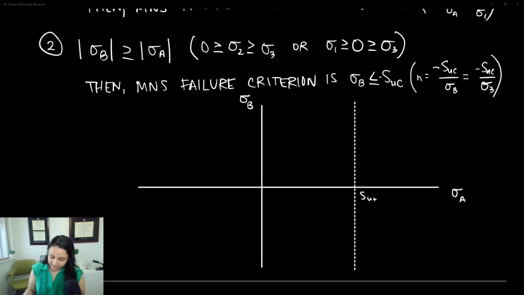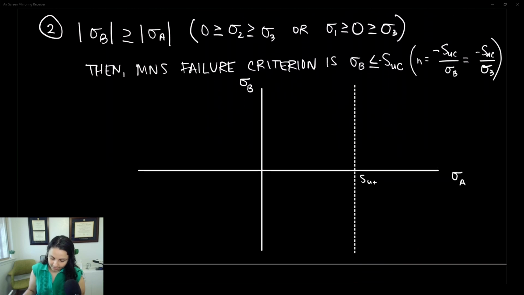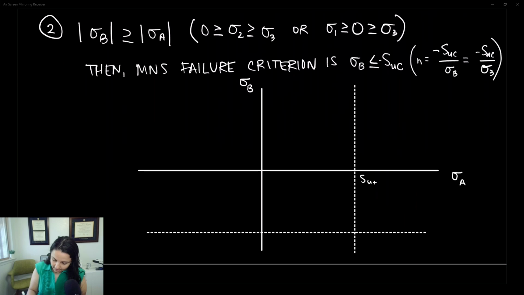Alright, now let's look at the second one, which tells us that if sigma B is less than the negative of our ultimate compressive strength, so let's say our ultimate compressive strength is down here, plot it. Okay, there's negative SUC. So again, if we are above this line, we predict that we're safe. If we're below this line, we predict that we might have failure.